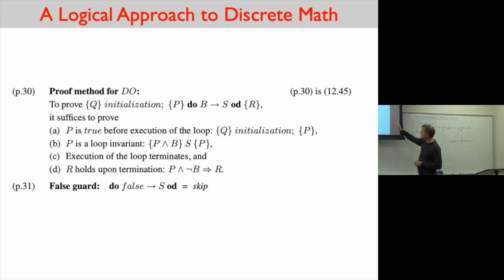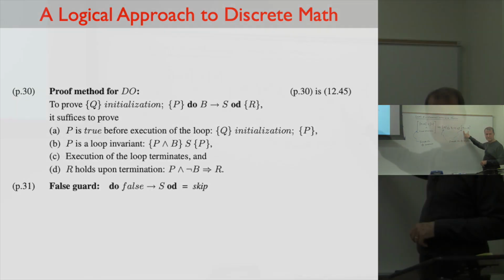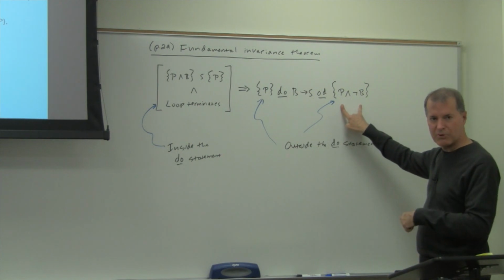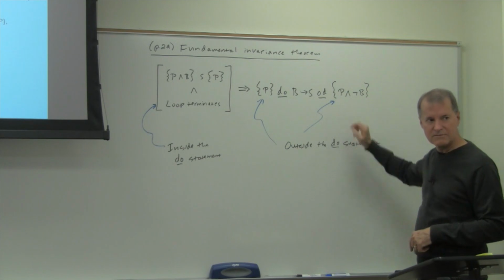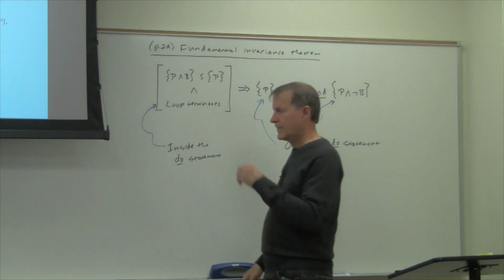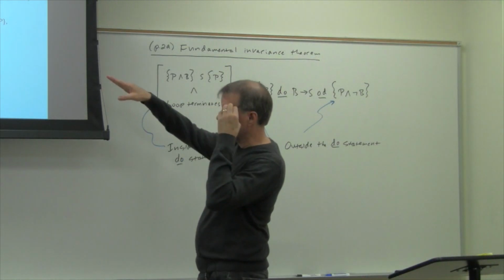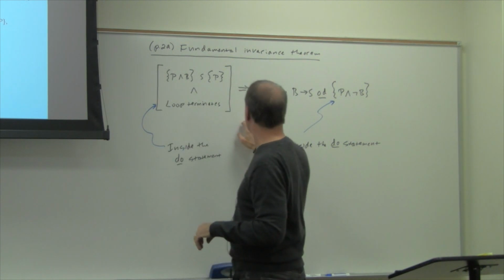R is the postcondition, right? So you have to show that P and not B implies R. And where does that P and not B come from? It comes from here. Okay? So if this implies the actual postcondition, then we've got it. All right? So this checklist is based on the fundamental invariance theorem.